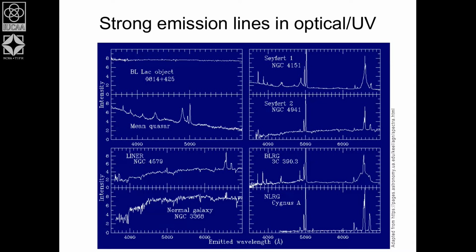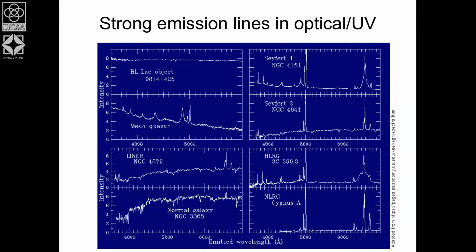The featureless spectrum is thought to be dominated by emission from the jet, where the jet is pointing towards us. In such a situation, relativistic beaming dominates, and even though there may be broad or narrow emission lines, the jet emission is so strong that it dominates everything, and the observed spectrum becomes featureless.